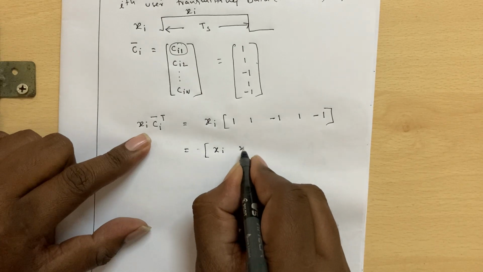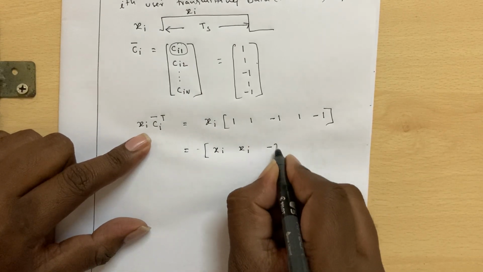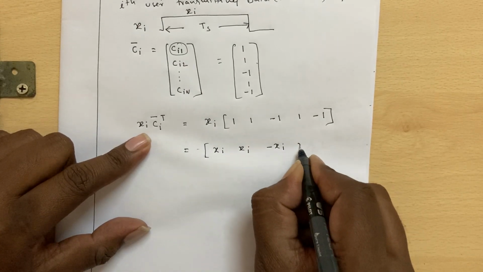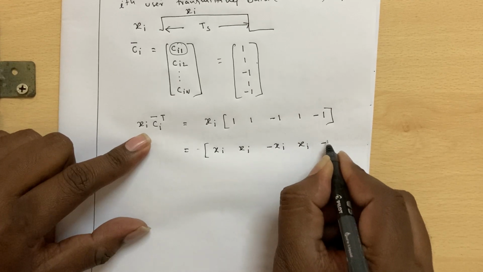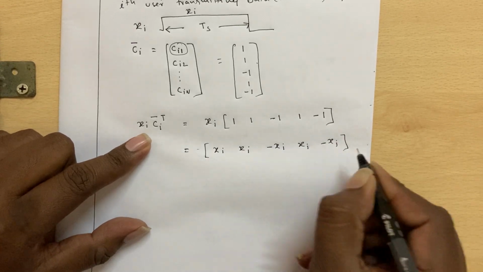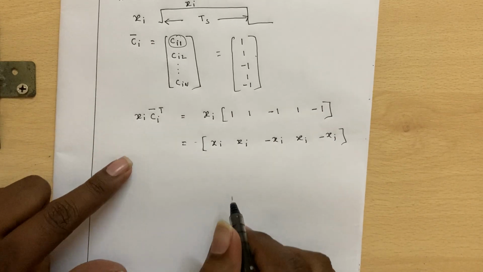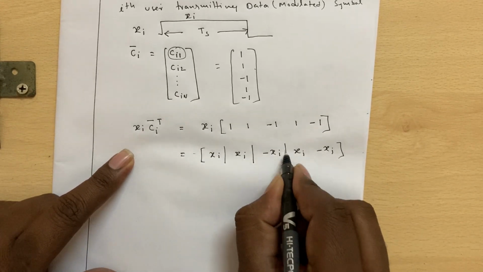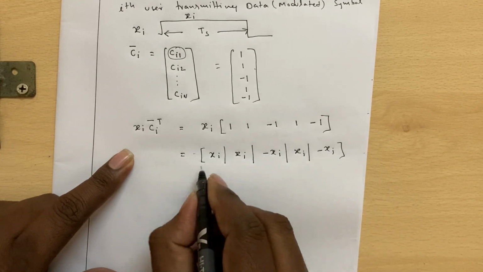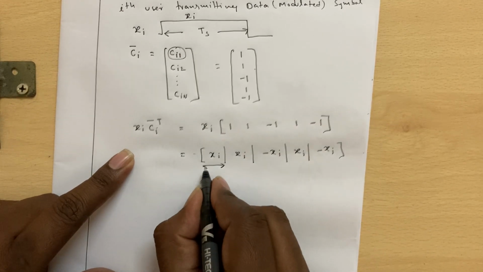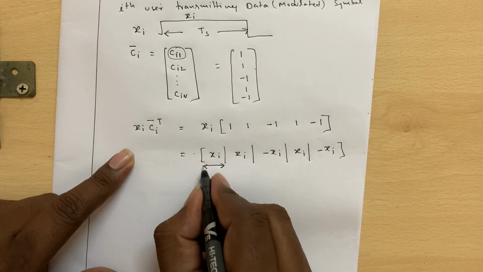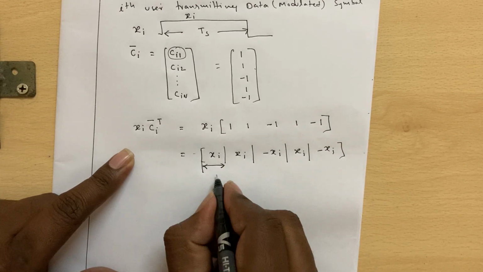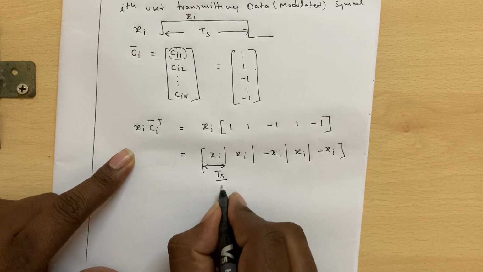For this example it is x_i, -x_i, x_i, and so on. Before multiplication the duration of the symbol is Ts. After multiplication, if the code length is n, the signaling interval is reduced to Ts by n.